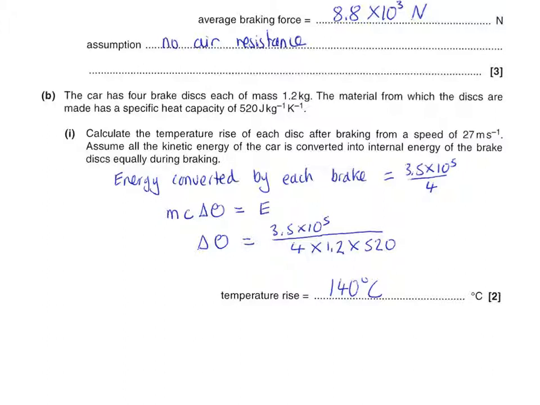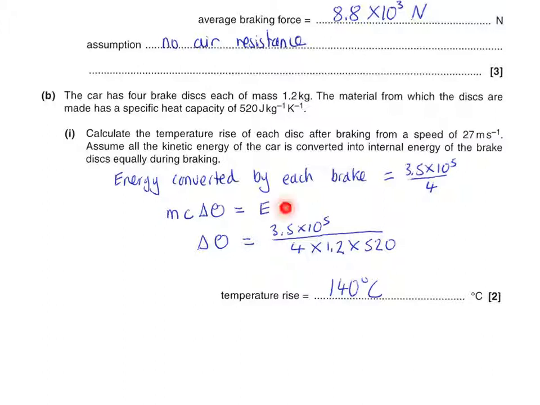We've got two choices here. You can either think of where this 4 comes from: each brake's got to get rid of a quarter of the energy, or you can think of the total mass of brake, which was the mass of one brake times 4. One way or another you end up with the same sum.